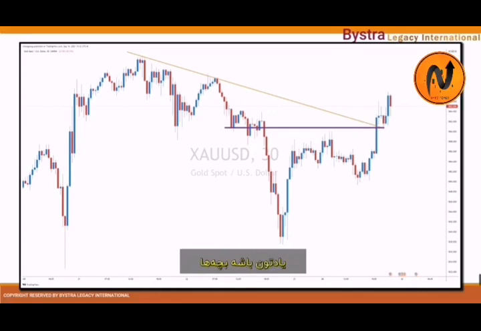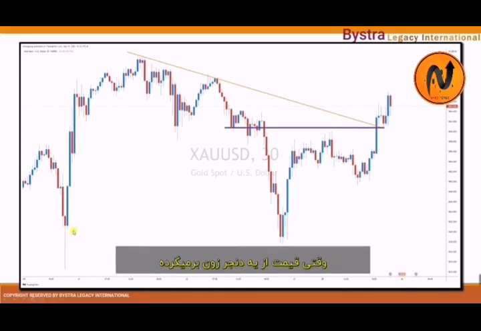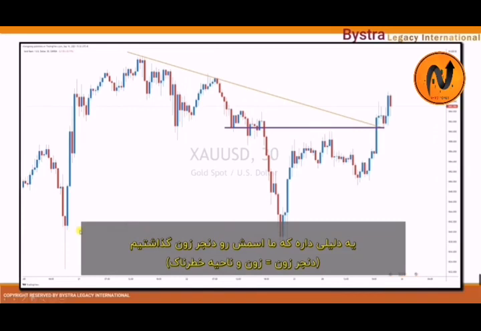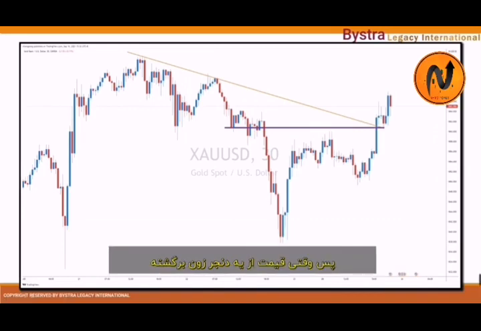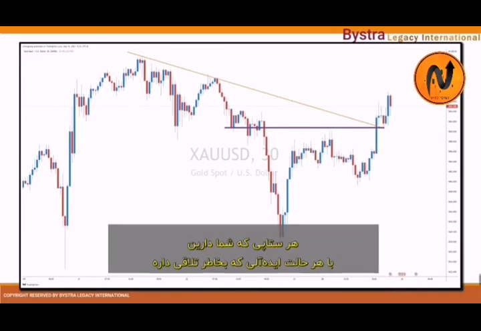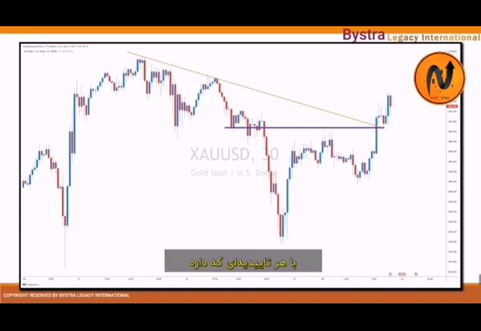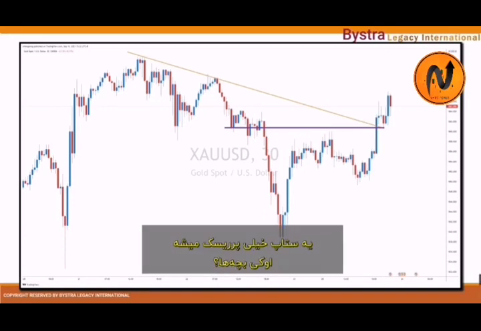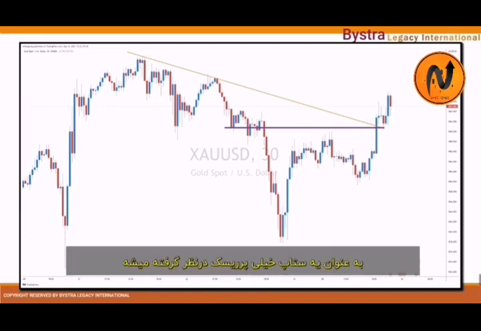Remember guys, when the price reacts from a danger zone, there is a reason why it is named a danger zone. So once it has reacted from a danger zone, any setup that you have, any perfection within the confluence, any confirmation will become very high risk. Okay guys, this is considered very high risk.